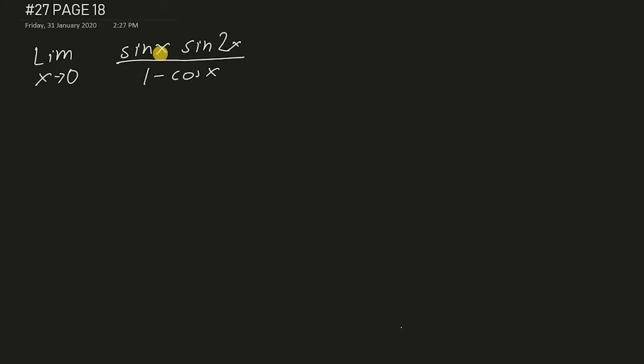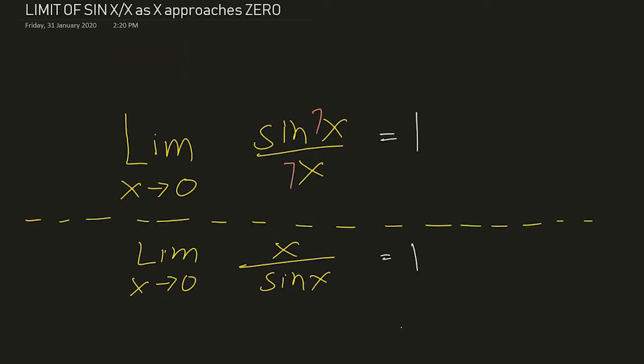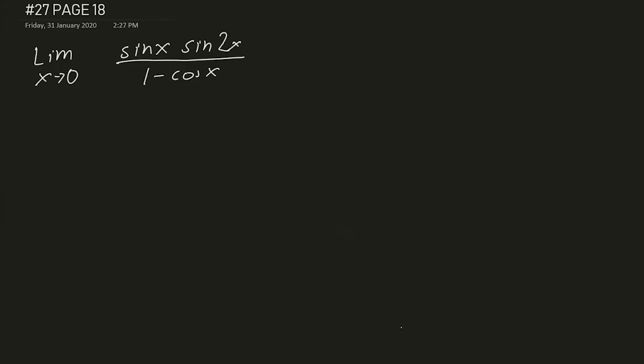Pero dito, guys, napansin ko na meron ako ditong sine tsaka sine. Oo, di ba? Now, pwede kong gamitin yung identity ko dito. Disclaimer ulit, hindi lang ito yung nag-isang solution. Ang daming solution po nito. So, I will just show one for you, guys.